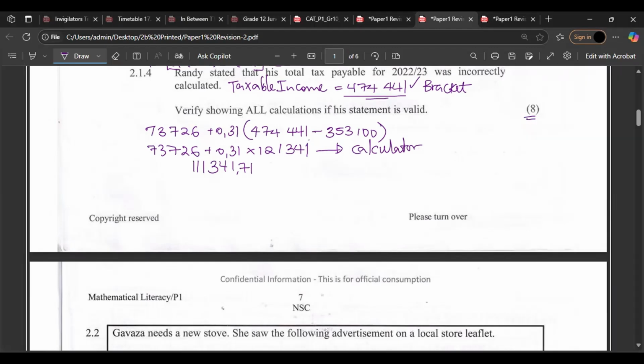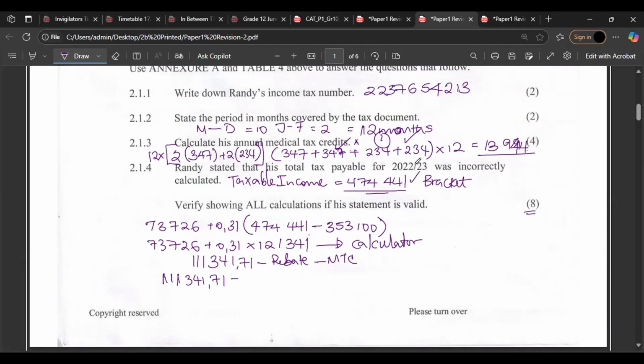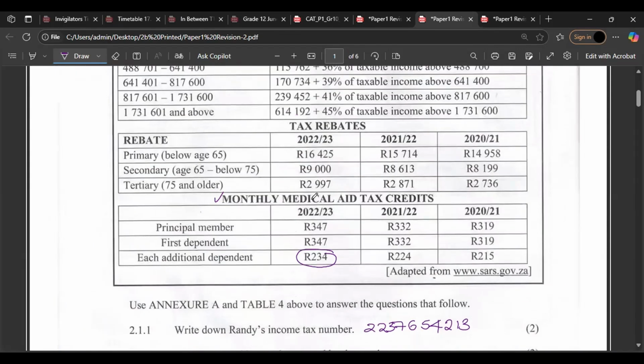So this is it. What happens after this? You call along the rebates and the medical tax credits. Now, the person who is 45 years of age is only going to qualify for the primary rebate. So if it's primary, and the year we are looking at is 2022, 2023, so it's only here.